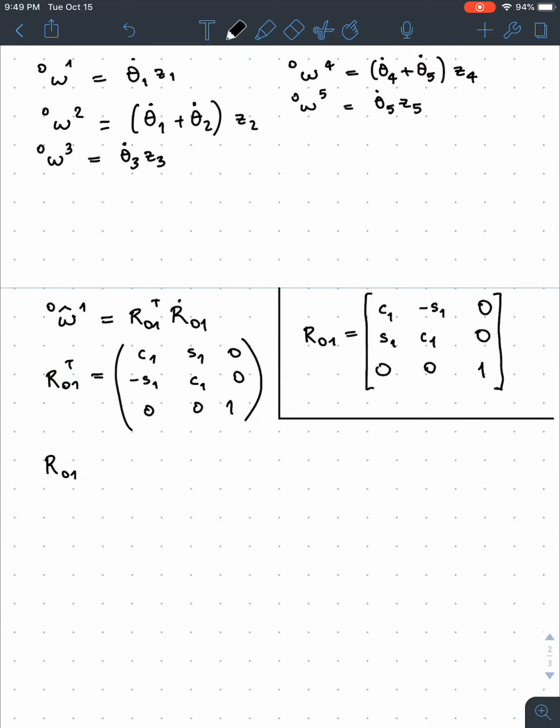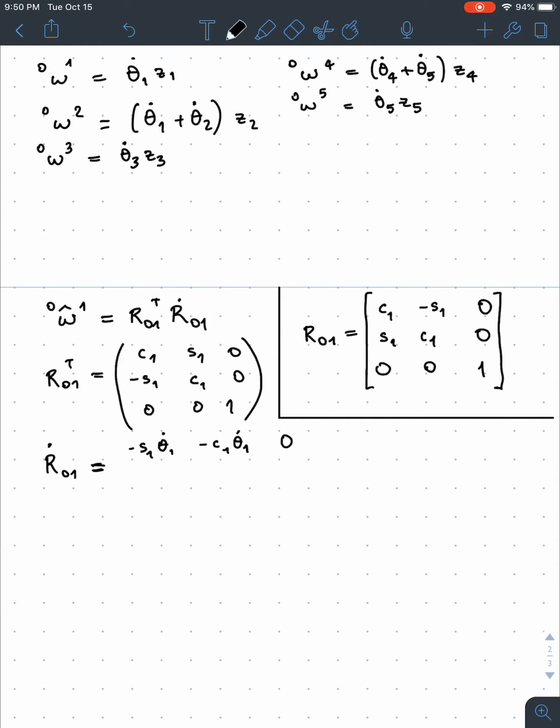And R01 dot is going to be, you see, the derivative of the 1, 1 element here is going to be minus sine 1 times theta 1 dot. The derivative of the 1, 2 element is going to be minus cosine 1 theta 1 dot. The derivative of 0 is 0. These are all time derivatives, by the way.